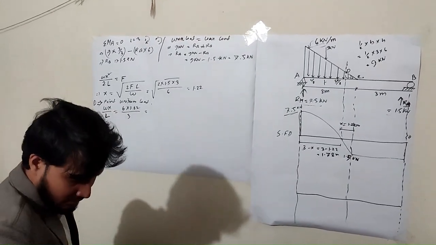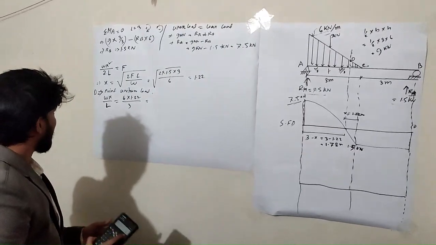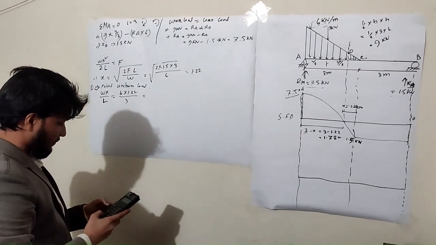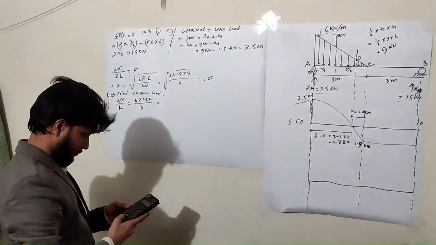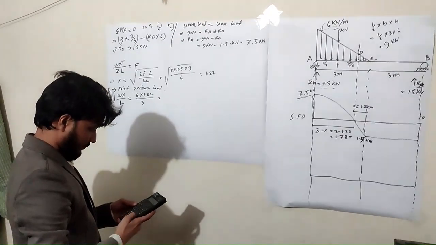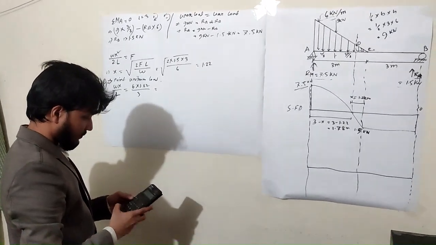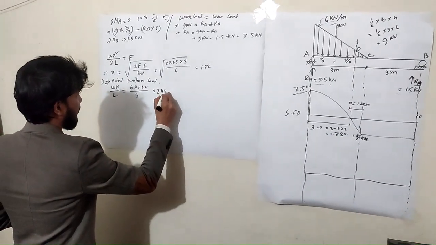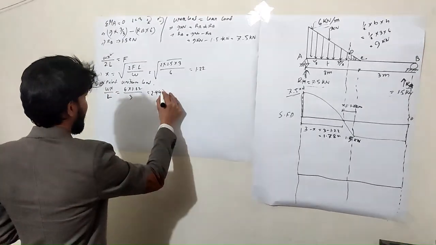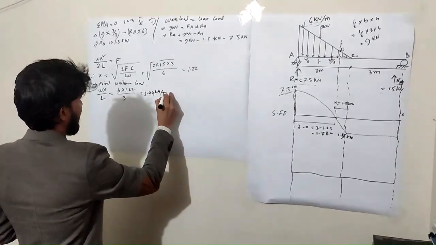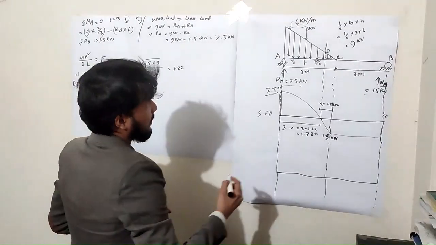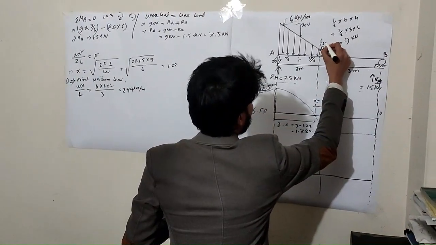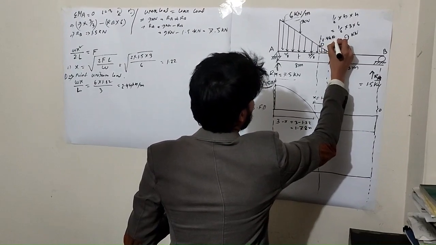So we find the uniform load at D, 2.44 kilonewton per meter.